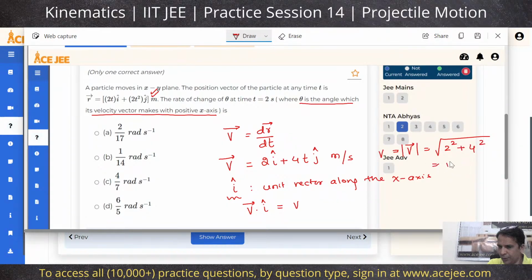So this is square root of 20, is it? 2 square root 5. You guys can correct me if this is not right. Then V dot i will be magnitude of V times magnitude of the i vector, which is 1, times the cos of the angle between them. Correct, no?